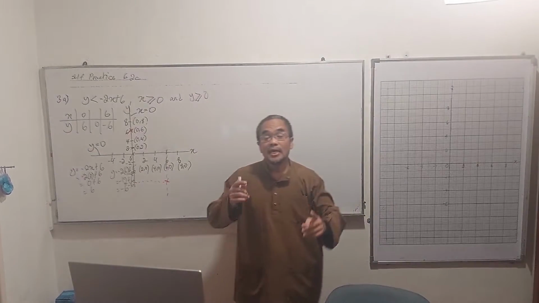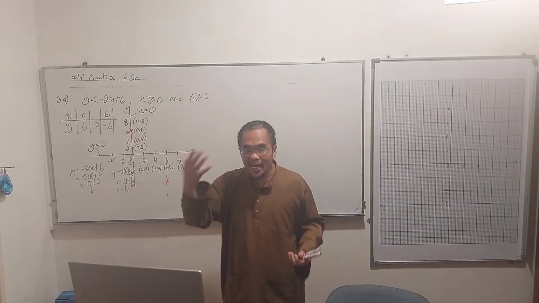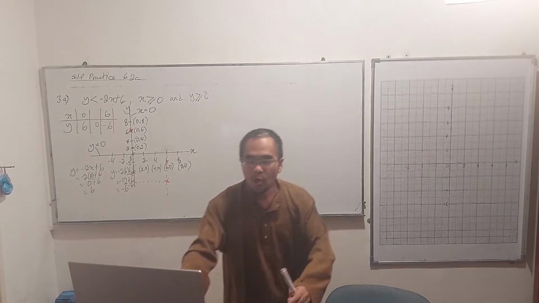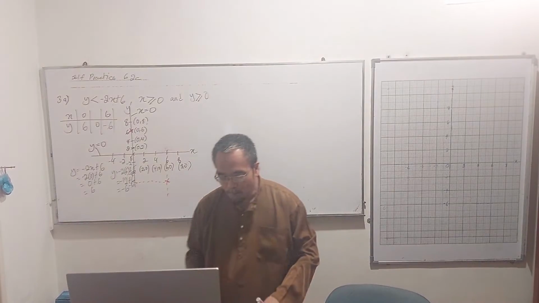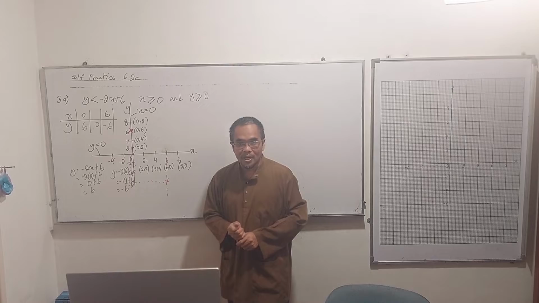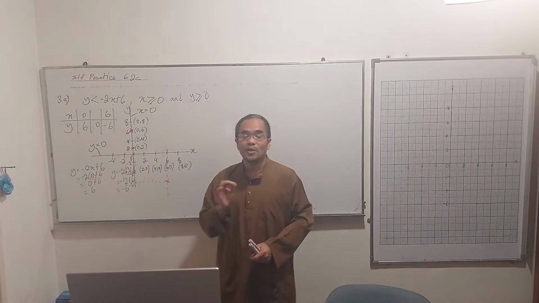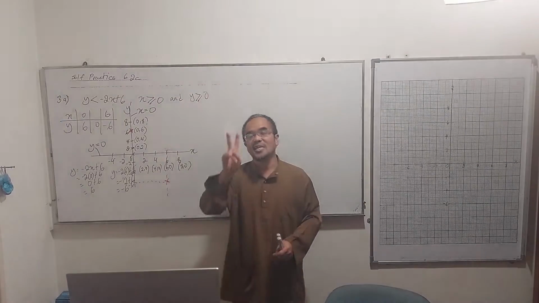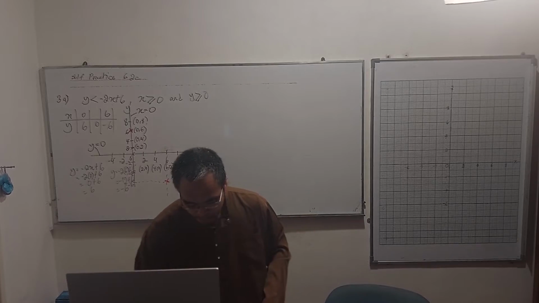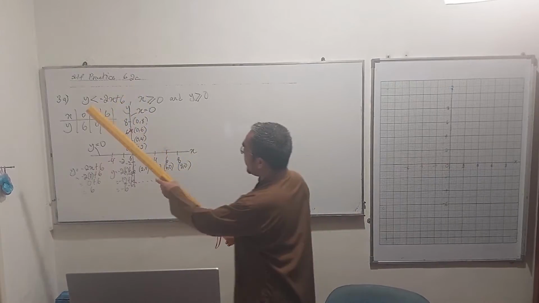So if you are using graph paper, you can use as many coordinates as you want and it will be a straight line. But if you are not given graph paper, you cannot draw, but you sketch. How to sketch? Just pick two coordinates, and draw a line between the two coordinates. Draw a line like this.